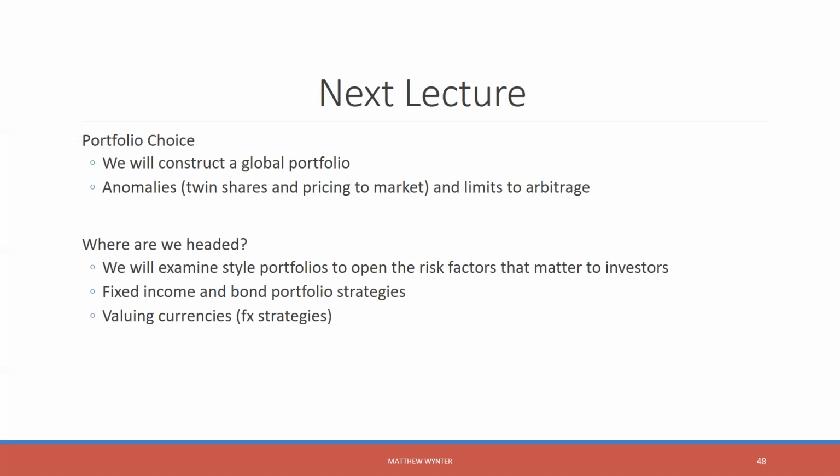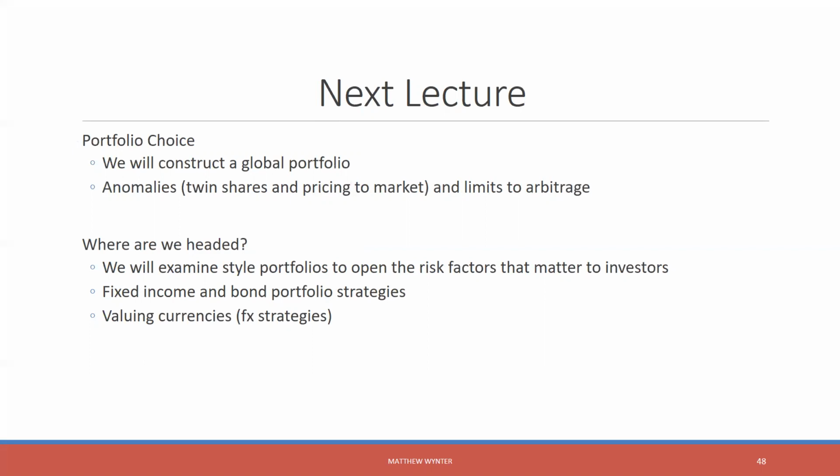Where are we headed? We'll examine style portfolios to open up the risk factors that matter to investors. So when we get into constructing our global portfolios, the next thing we'll do is ask ourselves, okay, if we have these anomalies, are there other factors that might be important to investors? Then we'll move into fixed income and bond portfolio strategies.